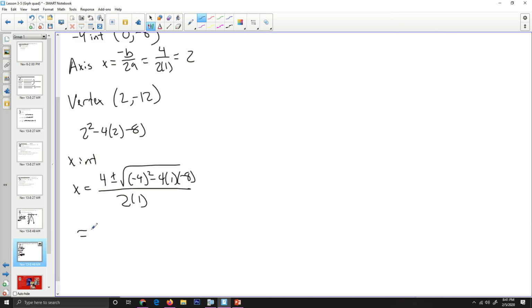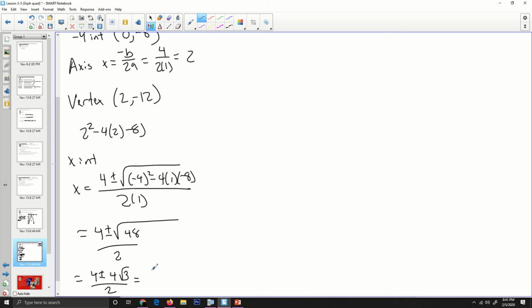That'll give me x equals 4 plus or minus the square root of 16 plus 32, which is 48, all over 2. So I get 4 plus or minus, 16 goes into 48 3 times, so 4 square root of 3, all over 2.